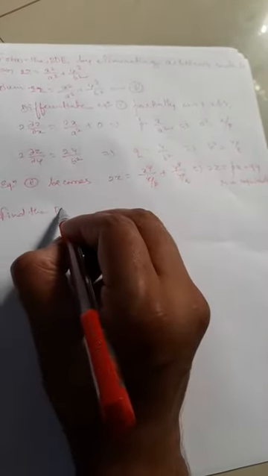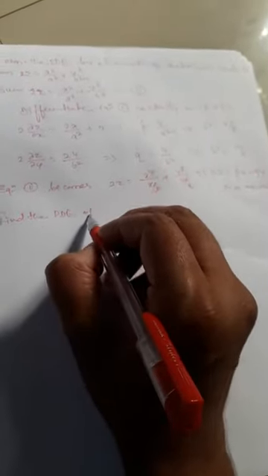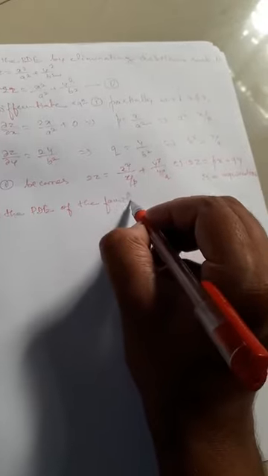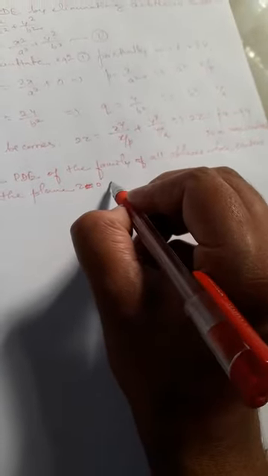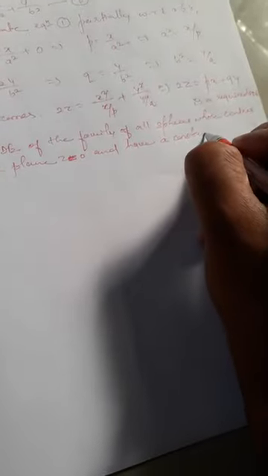Now one more example: find the PDE of the family of all spheres whose centers lie on the plane z equal to 0 and have a constant radius r.